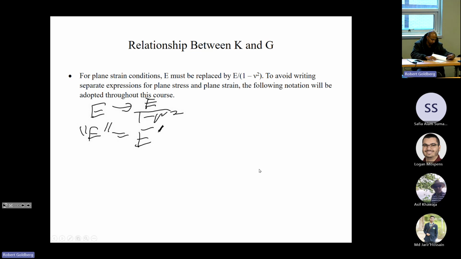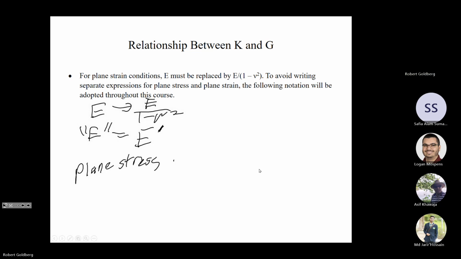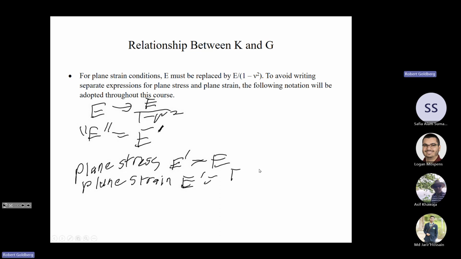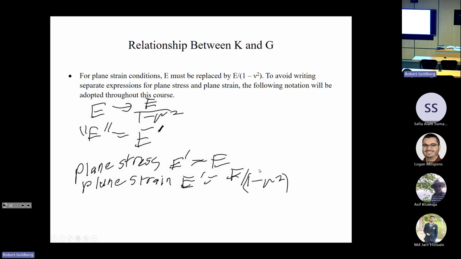What we're going to say is for the case of plane stress, E prime will just be equal to regular old Young's modulus. And for plane strain, we're going to say that E prime is equal to E divided by 1 minus Poisson's ratio squared.